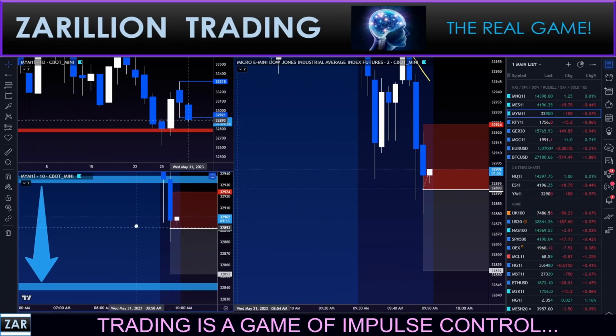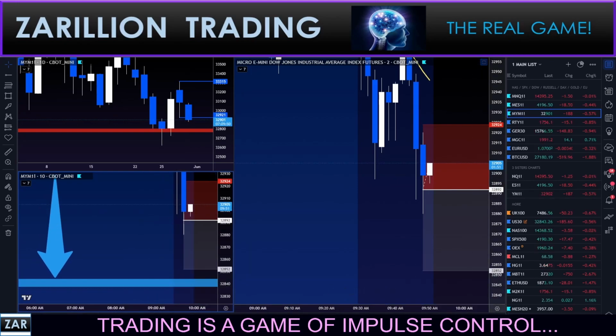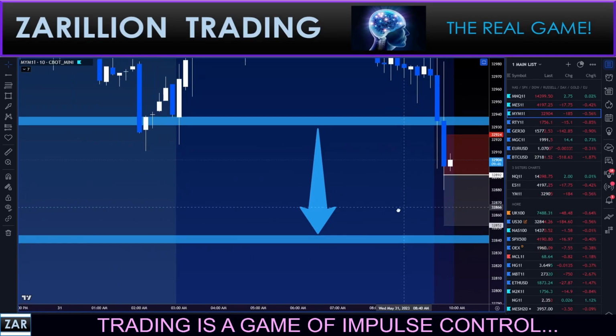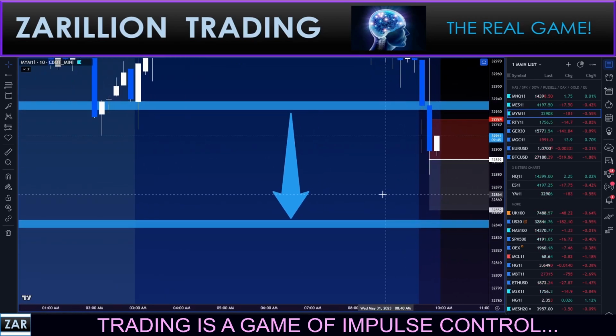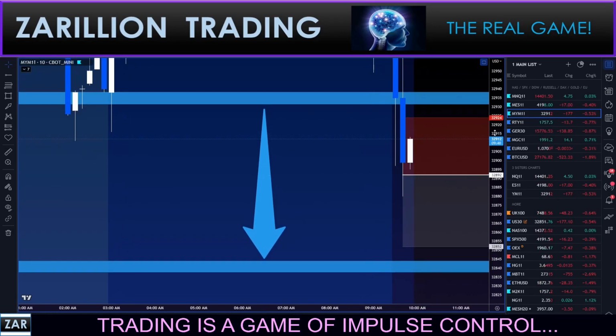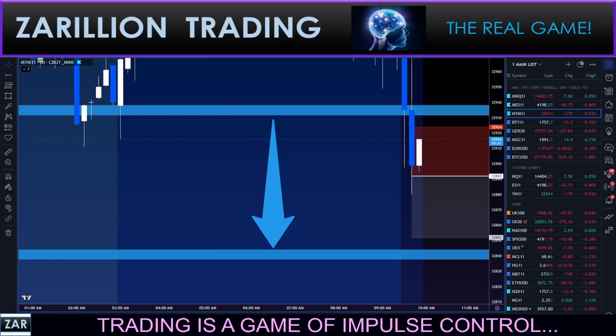New 10-minute candle has just begun. We're bound to get an upper wick here, top wick. See it there forming? And that's okay. I'm cool with that. Watching.